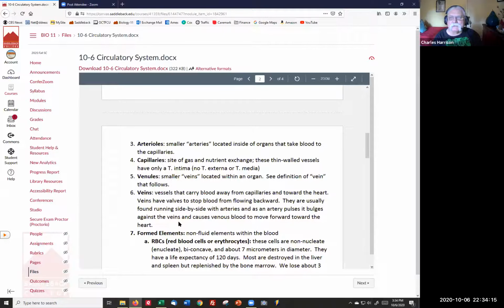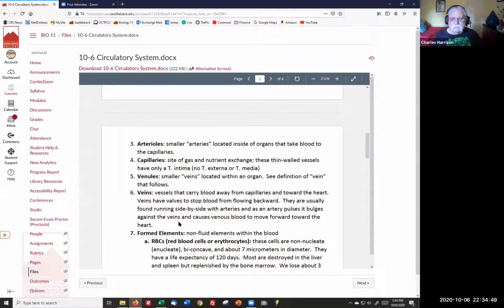The other is in the lamina propria of the small intestine, where blood enters and gases exchange, but instead of going back to the heart, the blood now goes by way of the portal vein to the liver and goes through a set of capillaries in the liver.